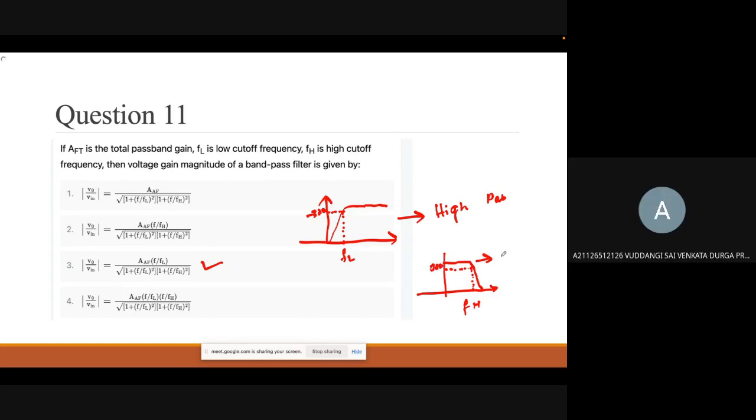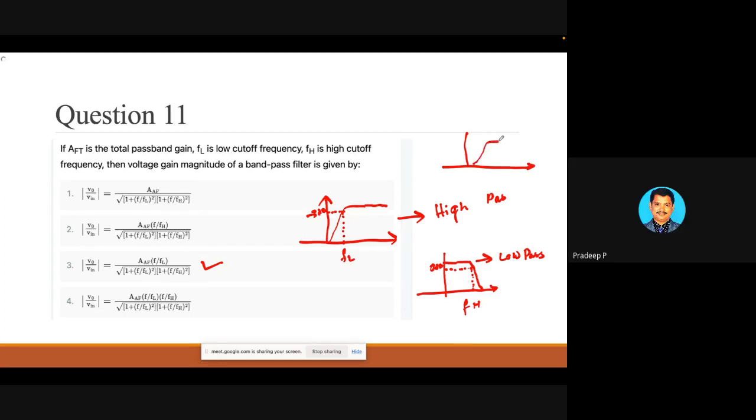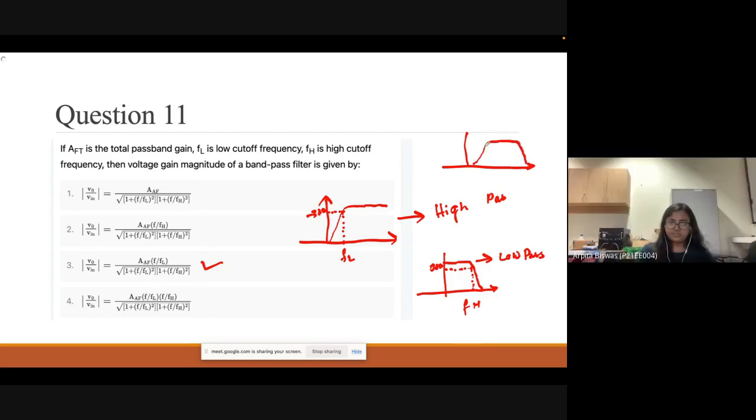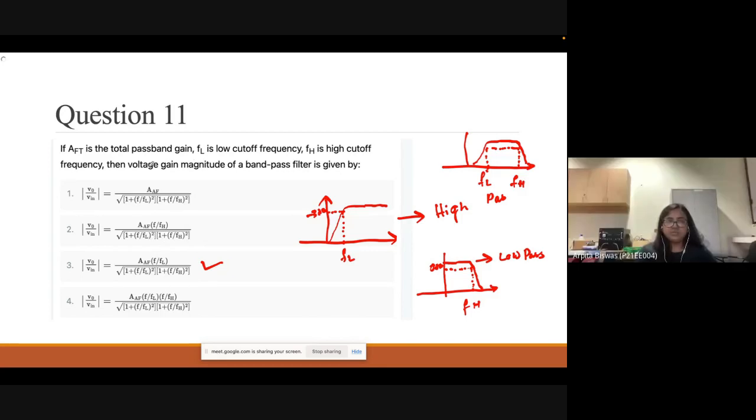And for the band pass, how does it look? Middle flat, with 3 dB frequencies FL and FH. And the voltage gain magnitude of the band pass filter is option 3.